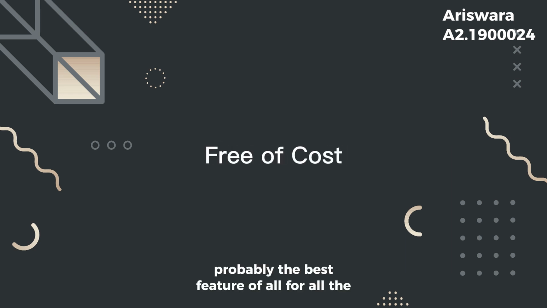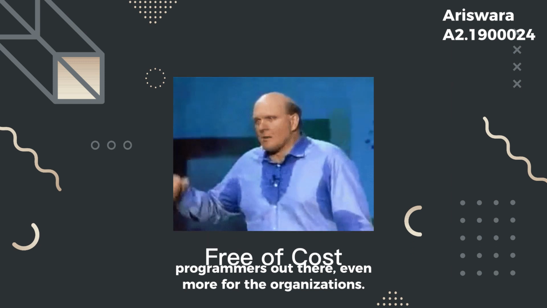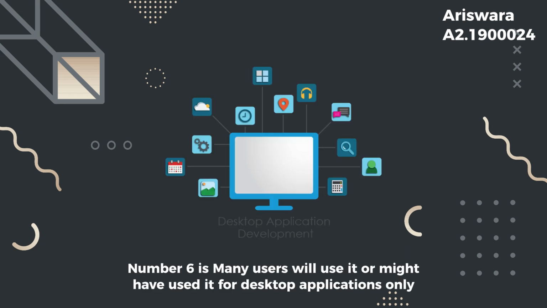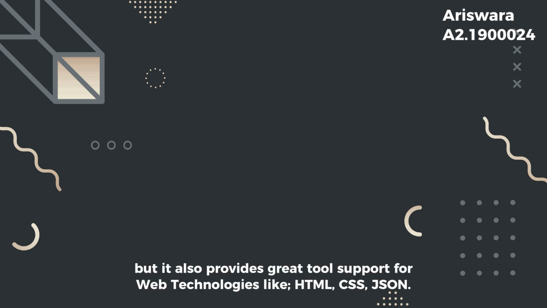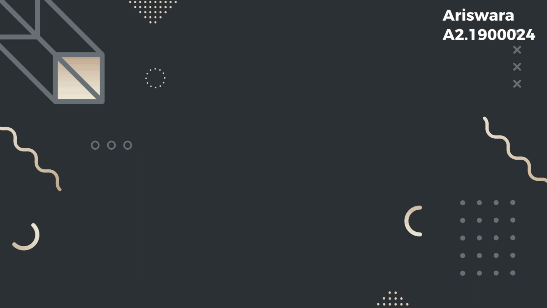Probably the best feature of all for all the programmers out there, even more so for organizations. Number 6: many users use it or might have used it for desktop applications only, but it also provides great tool support for web technologies like HTML, CSS, and JSON.